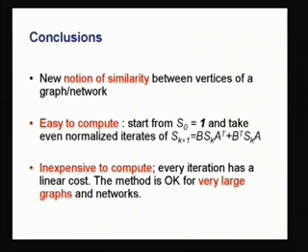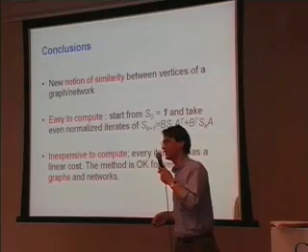We just need to start with a matrix that has ones everywhere, and then iterate this updating equation, normalized. We need to normalize, of course, but we compute a normalized iteration of this equation. And this clearly shows also that the method is inexpensive, and so it can be applied to very large graphs and networks. Okay, thank you very much for your attention.